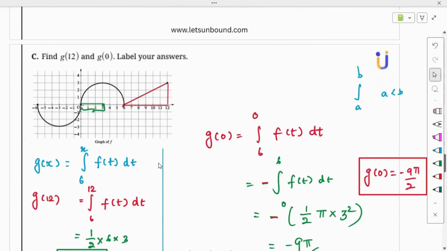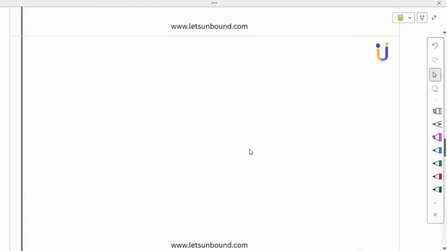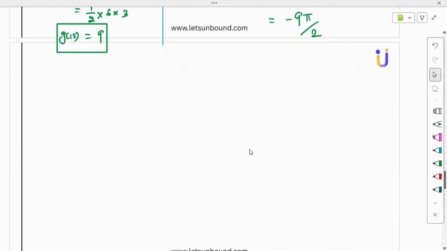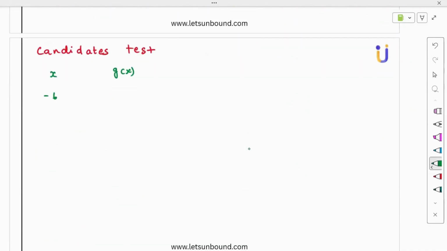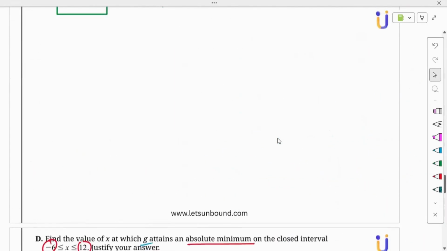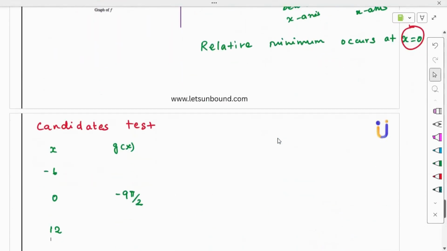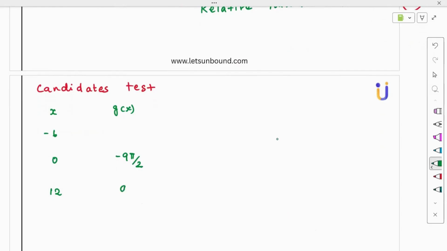G of 12 we solved, g of 0 we solved, and we got -9 pi by 2. G of 12 is 9. The only thing I need to find is g of -6. Then easily we can pick the minimum value.